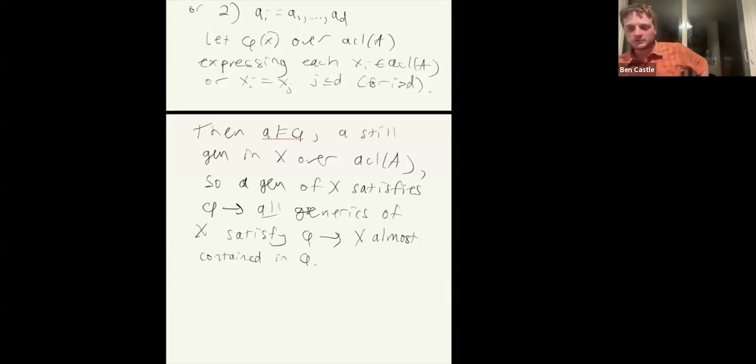Great. Well, but in fact, that's going to mean that they're almost equal, because phi has the same dimension. So note that phi is just some formula which is saying I have D free choices, and then each other thing is equal to a specific element.